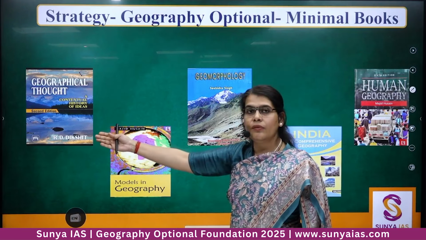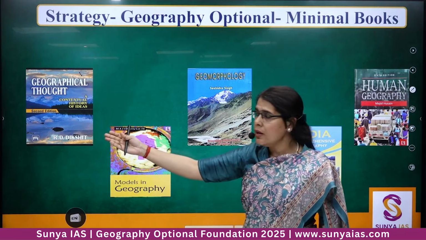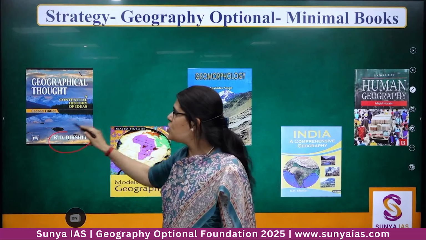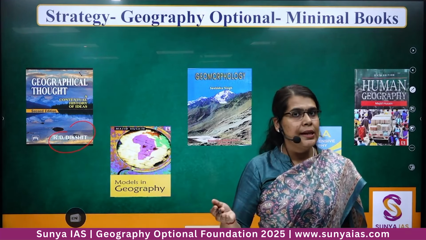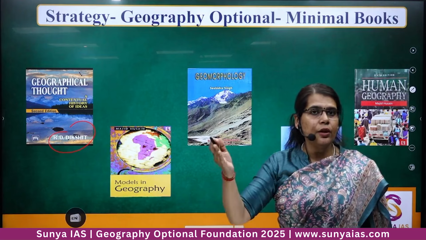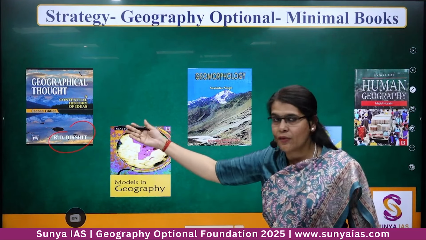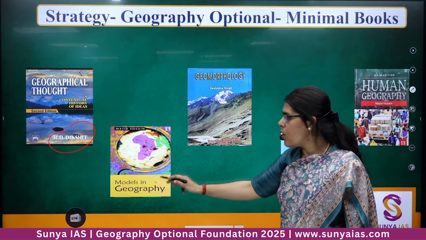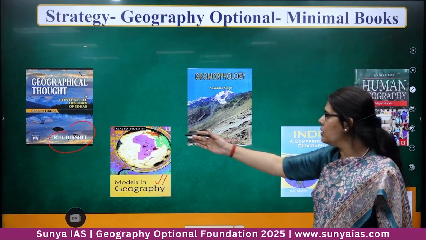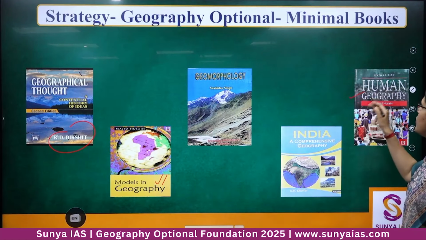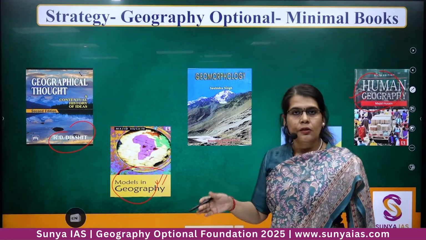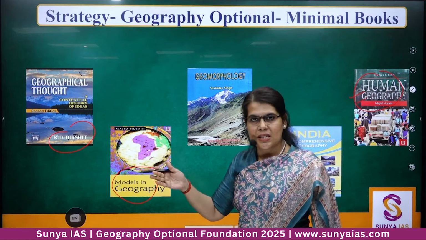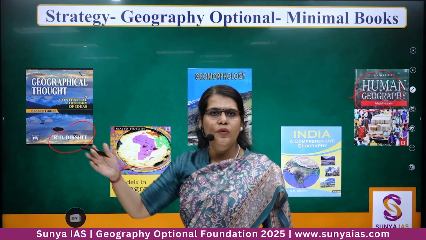So first of all, one book that you must have, very nice book, that is R.D. Dixit, Geographical Thought, second edition, very nice book which will cover extensively the unit of geographical thought. So you can have this. Second, Models in Geography by Majid Hussain. Along with that, Human Geography by Majid Hussain. Two books which you will be referring to with respect to units like settlements, population and models, along with some other units.